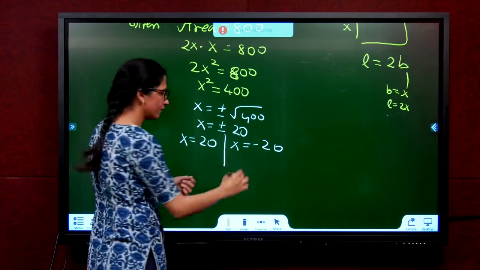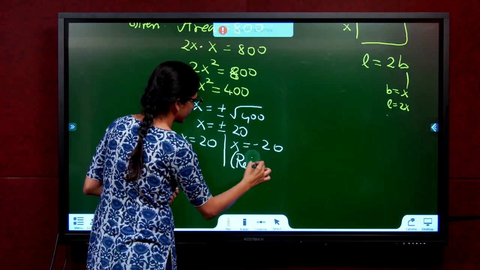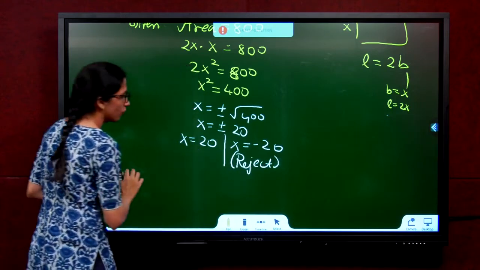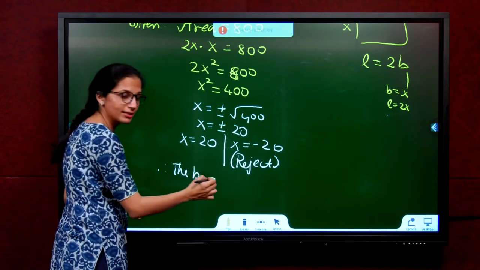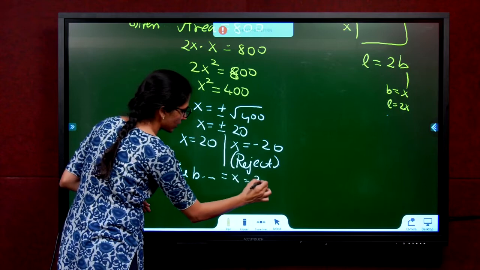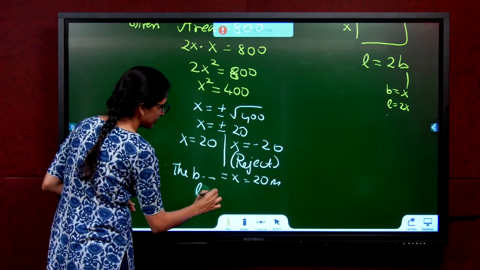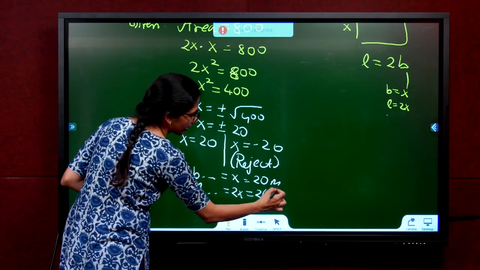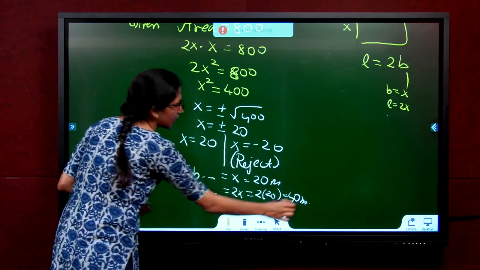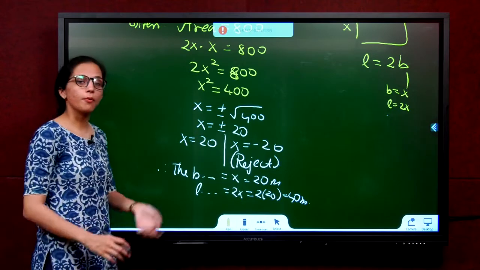Can breadth be negative? No. So we will reject it. Therefore, we conclude, please write down in words, the breadth is x equals 20 meters, length is 2x equals 2 into 20, 40 meters. The situation is possible.